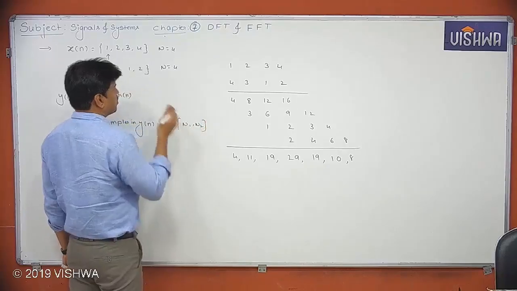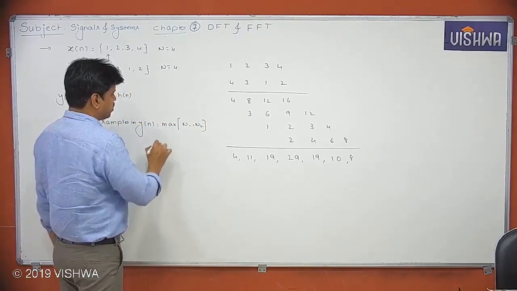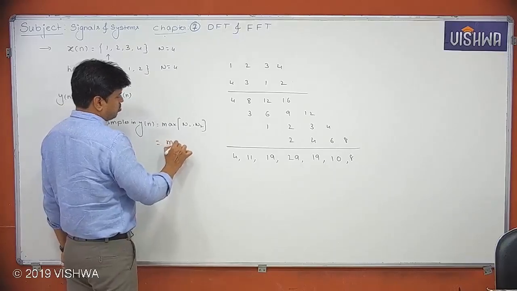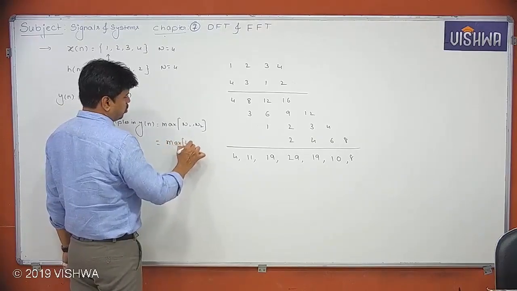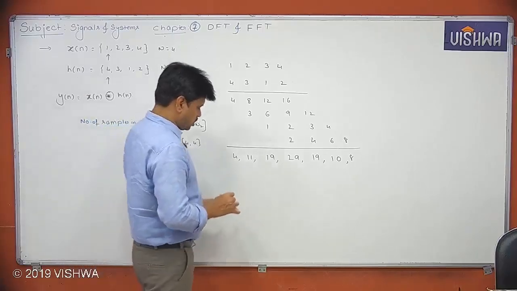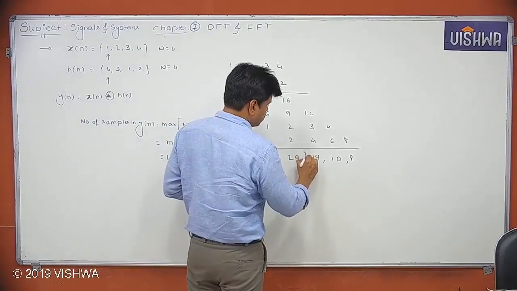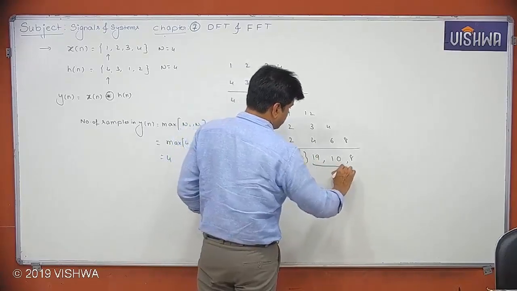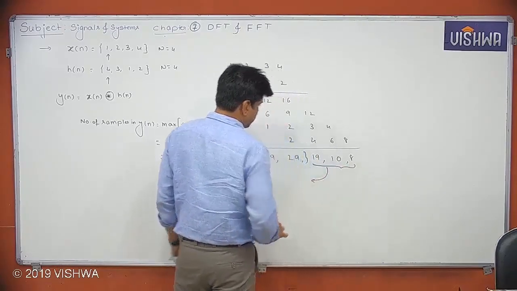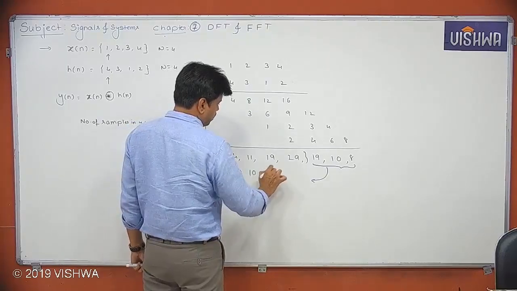That means the number of samples in the first signal and the number of samples in the second. So here both are 4, so maximum of 4, 4. We have to take up to this one, and whatever we are left with, we bring them back here and add them blockwise: 19, 10, 8.